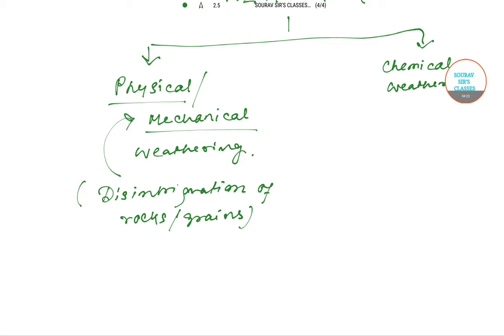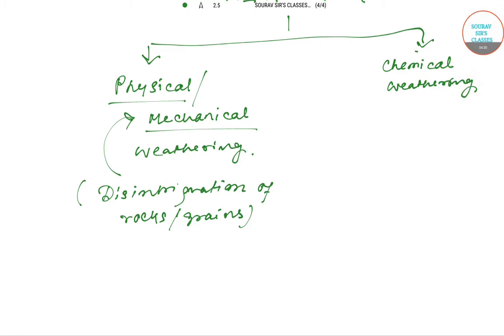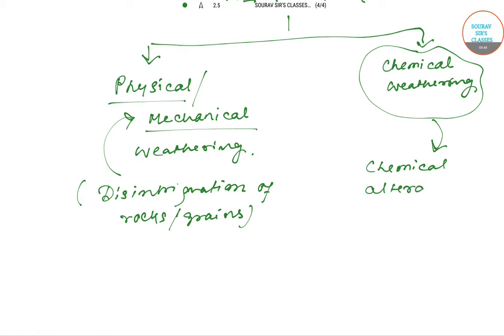So this is what physical weathering means. Now let me tell you what is chemical weathering. Well, this is also easy. Like when there is a chemical alteration, or the decomposition of rocks.